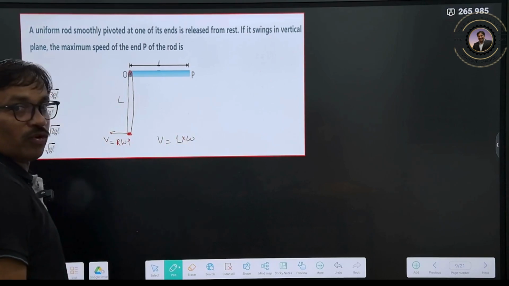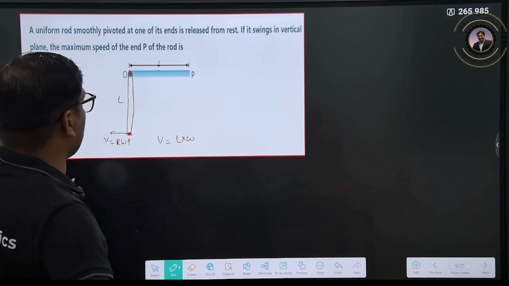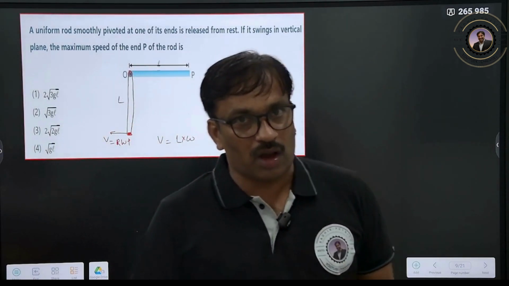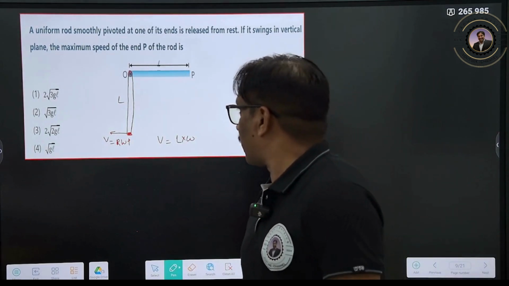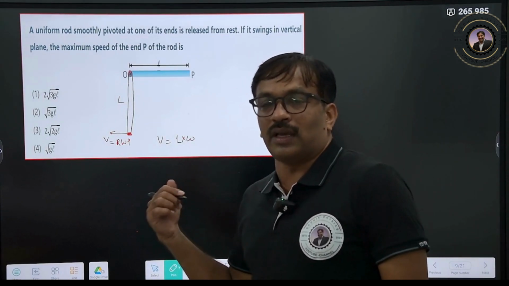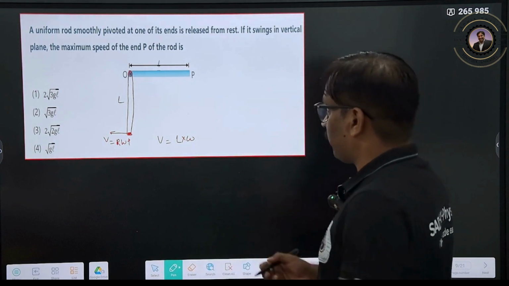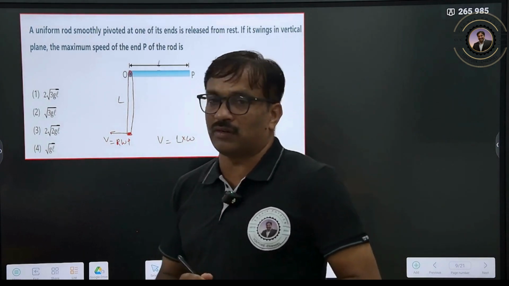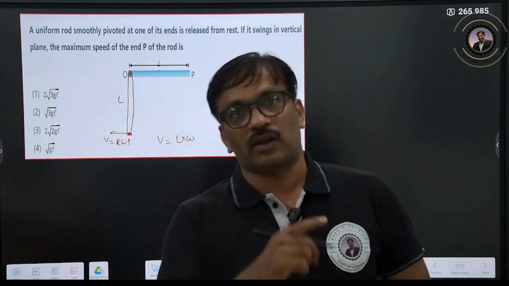We want to calculate omega. You can calculate omega using the torque concept, or you can use kinetic energy. I already did this question in the torque concept.